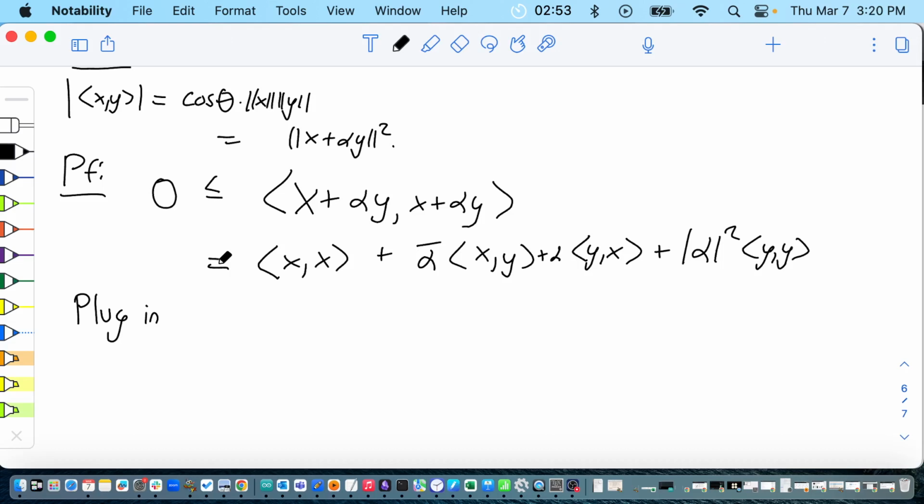Yeah? If we're putting a bar over the alpha, would we need to also... Oh, no, never mind. Maybe, actually. Oh yeah, the inner product can be complex valued, right? In general, the inner product can be complex valued, but specifically when you have the same vector repeated twice, it must be real valued and it must be bigger than 0.